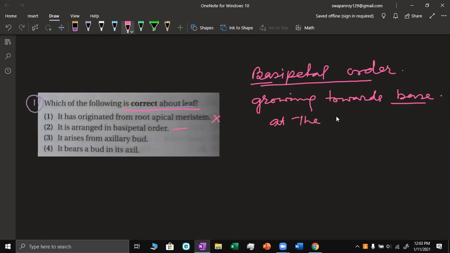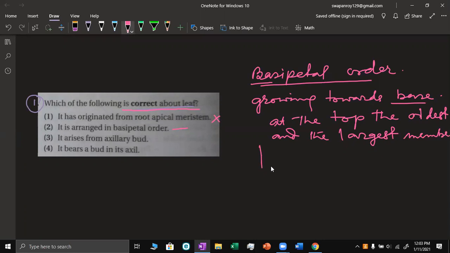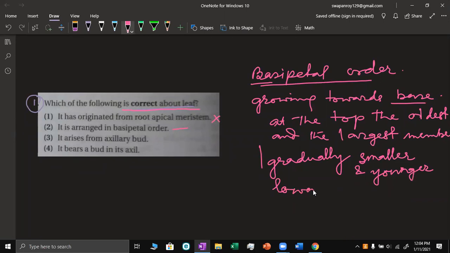at the top, the oldest and the largest member, and gradually the smaller and younger one, younger towards the base.